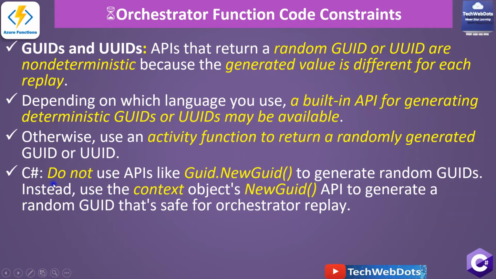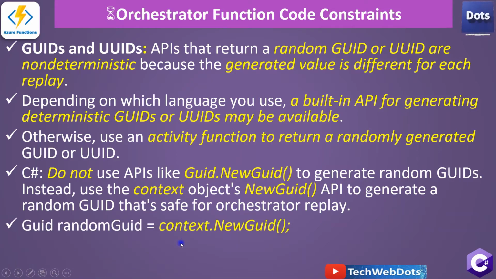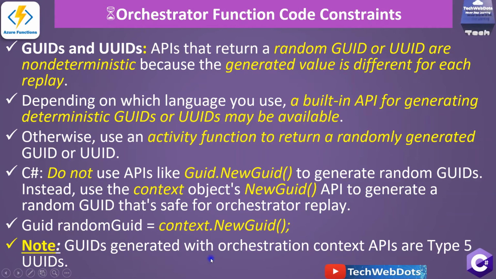So in C Sharp, do not use an API like Guid.NewGuid to generate a random GUID. Instead, you can use the context object's NewGuid API to generate a GUID that is safe for orchestration replay. So in this way, you can just use context.NewGuid. GUIDs generated with the orchestration context API are type 5 GUIDs.